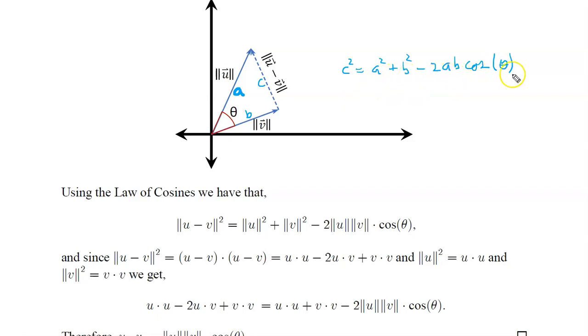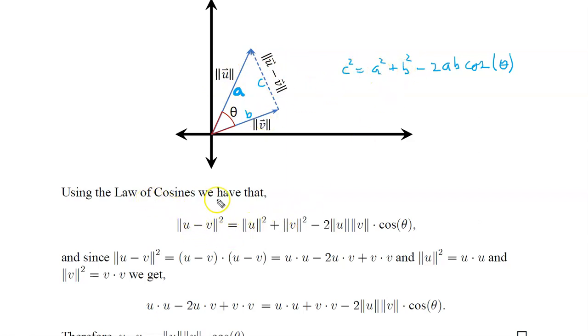Okay, that may be the form that you're more familiar with, by labeling the sides of the triangle A, B, and C. But in our case here, A is the magnitude of U, B is the magnitude of V, and C is the magnitude of U minus V. So we're going to use this notation instead of A, B, and C.